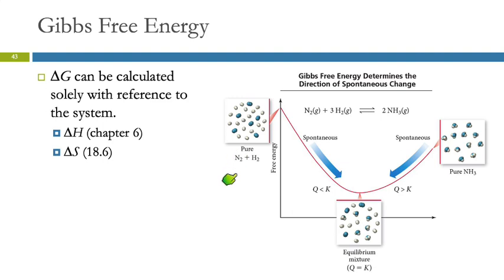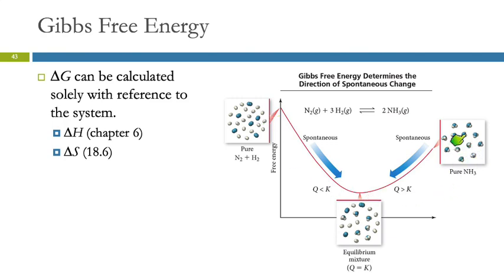So here we're looking at how the Gibbs free energy determines the direction of spontaneous change. We have an equation where we've got nitrogen and hydrogen combining to form ammonia. At all reactants, pure N2 and H2, the Gibbs free energy will be at some level.